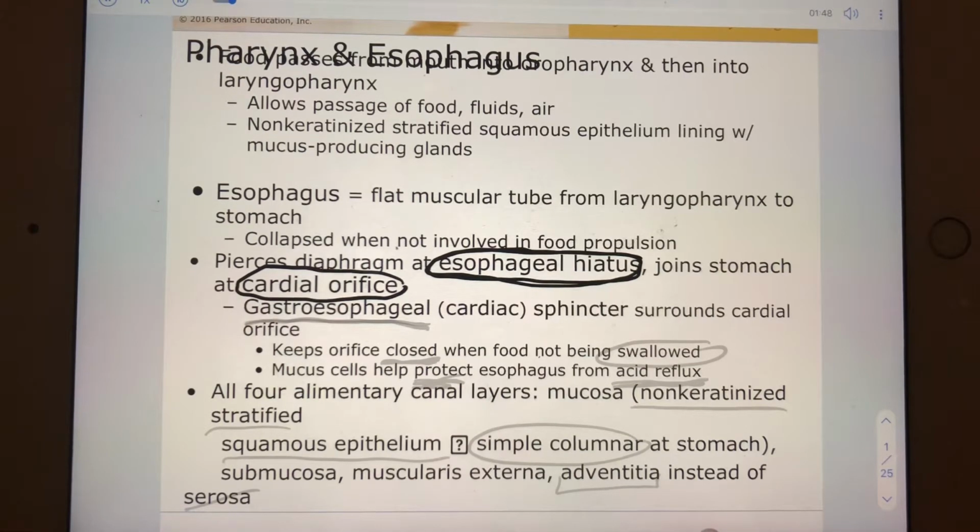Cardial orifice. And the specific sphincter that exists between the esophagus and the stomach is called the gastroesophageal sphincter. And this sphincter is closed whenever we're not actively swallowing.